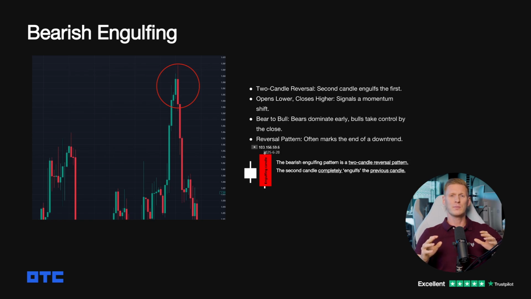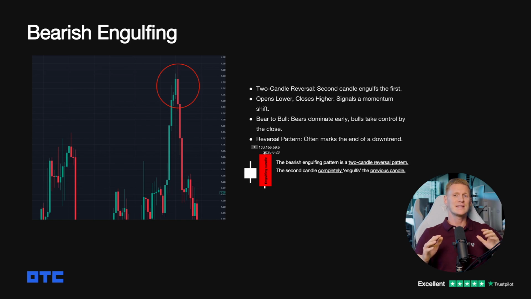This pattern forms when the second candle opens higher than the previous candle's high, closes lower than the previous candle's low, completely engulfing the range of the first candle, including its wicks. A bearish engulfing candle highlights a clear shift in control. Bulls start strong, driving the price higher early in the session.